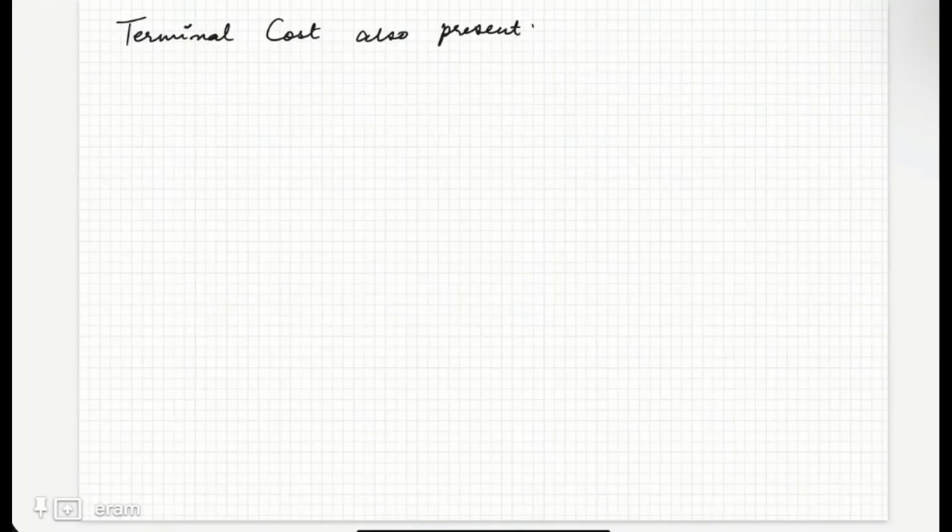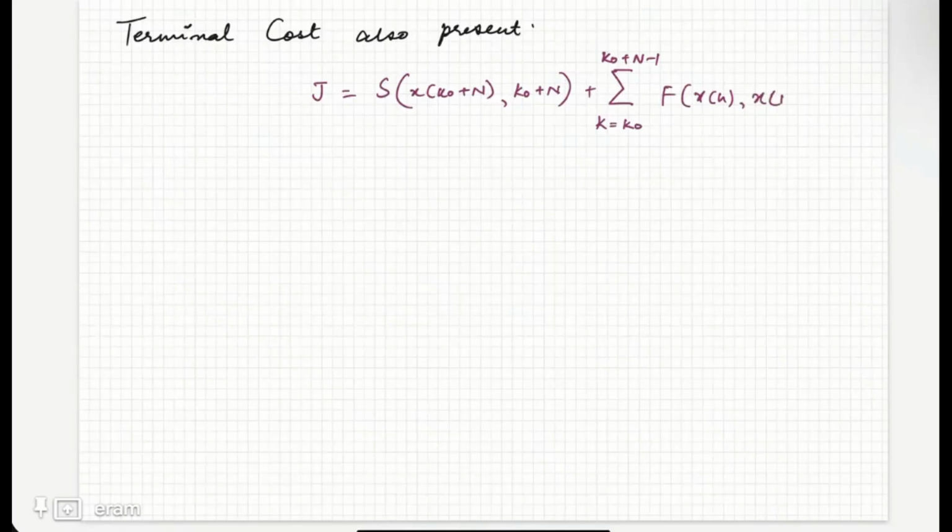That will modify our cost function J as S at the terminal values, that is x(k naught plus n) and k naught plus n, plus the summation, like previously we have done, from k naught to k naught plus n minus 1 of f of x(k+1) and k.